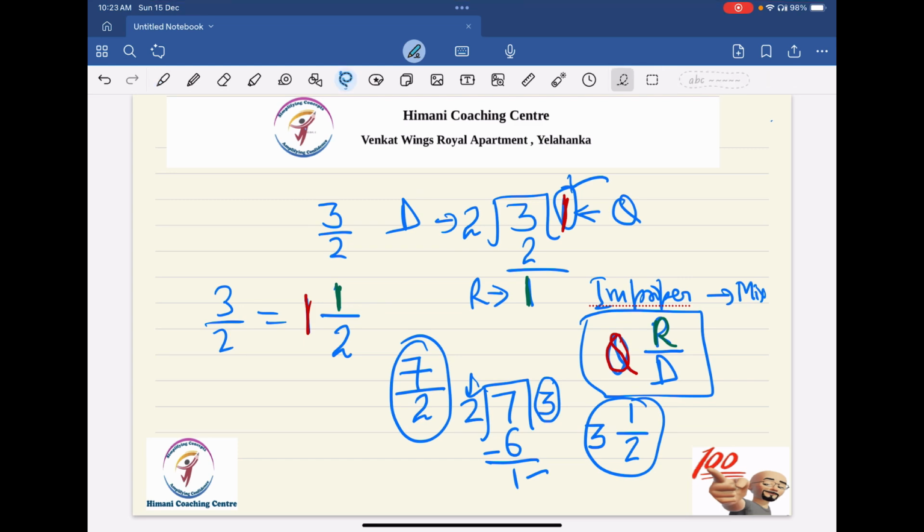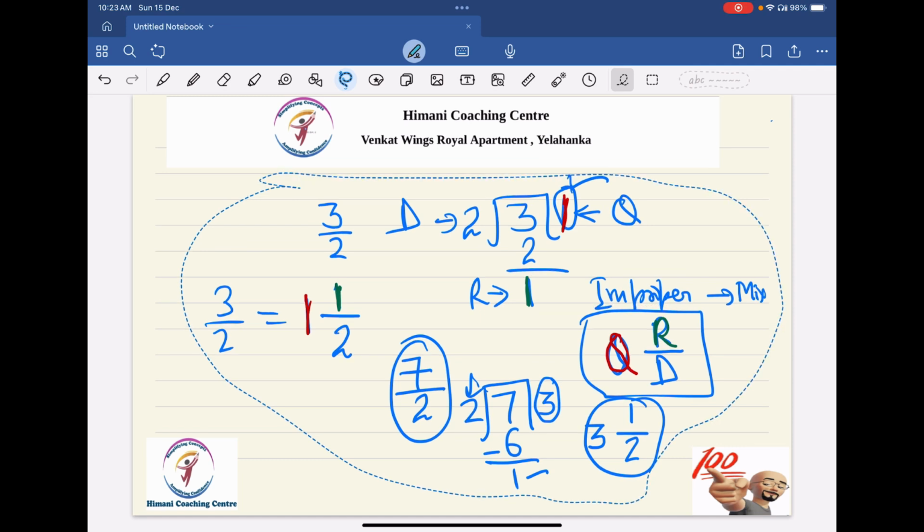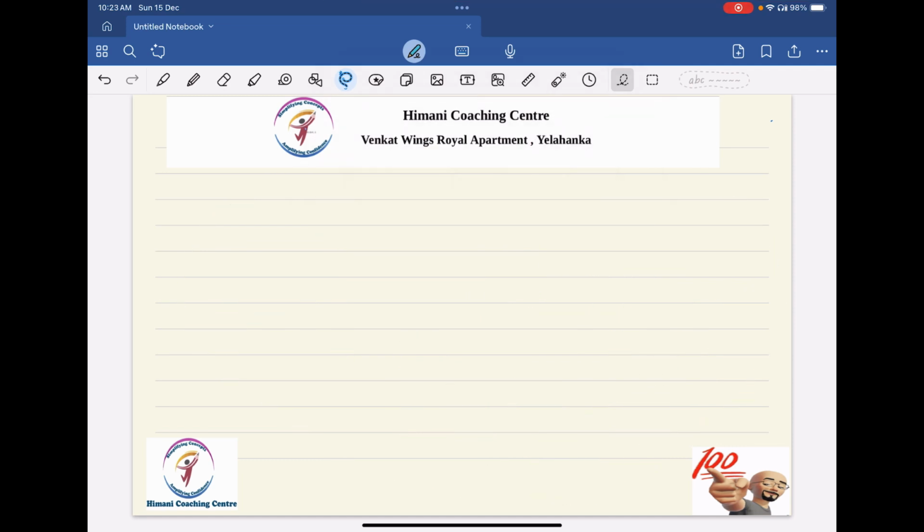Okay, kids, I hope you are understanding this concept. It is simple but needs practice. For every good thing in life, we need practice. So now I will give you some questions. You will convert improper fractions to mixed fractions. So the first question is to solve for 5 by 3.